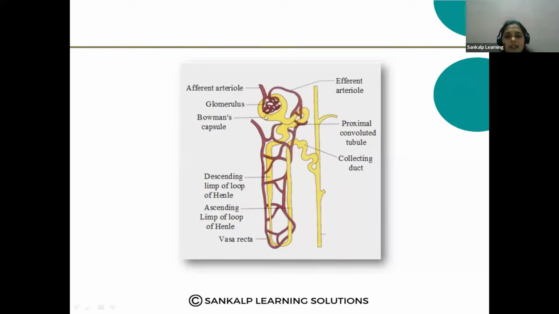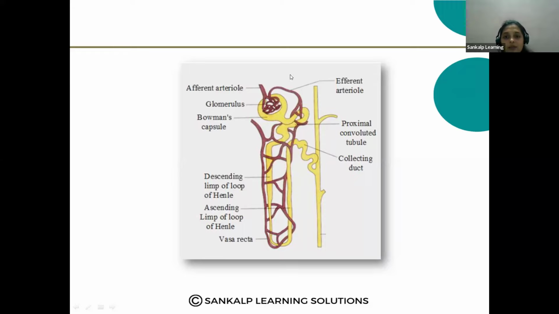Here, these are the nephrons. They are present inside the kidney. They have blood capillary connections that carry the blood to the nephron.